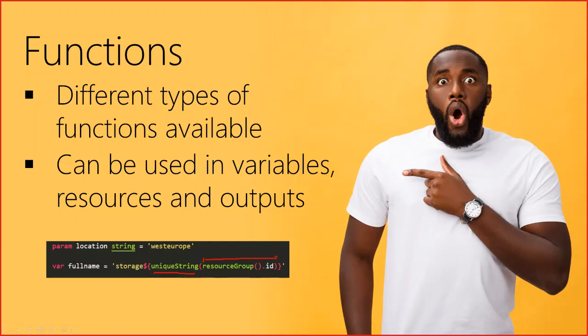In this case, I will use the resource group ID as an input, which means whenever I deploy this code to the same resource group, which obviously always have the same resource group ID, unique string will generate a value out of this, and that value will always be the same.